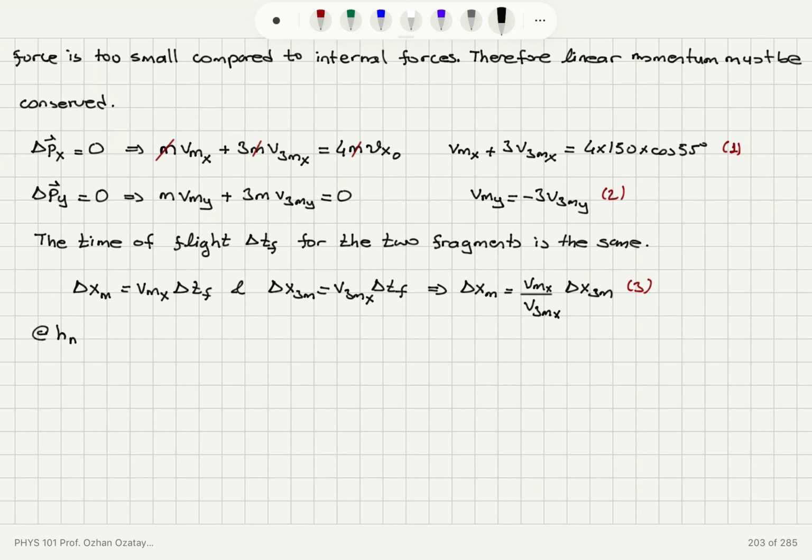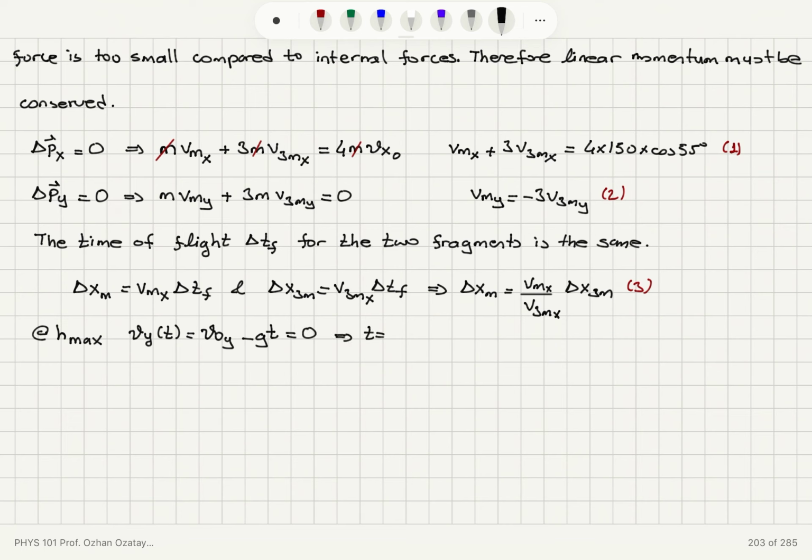And at h max, we have the velocity y component as a function of time, which is going to be given as v0y minus gt is equal to 0 at h max.